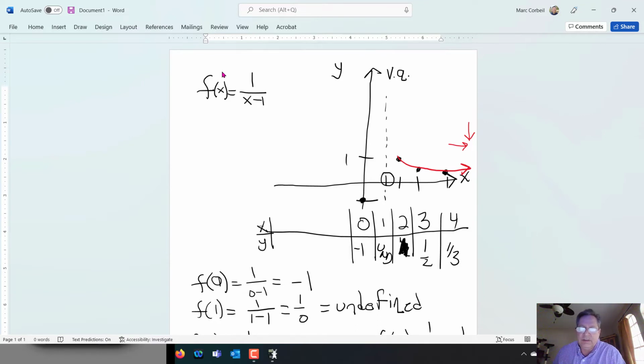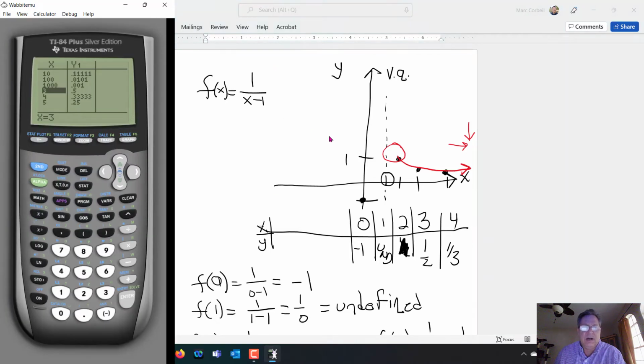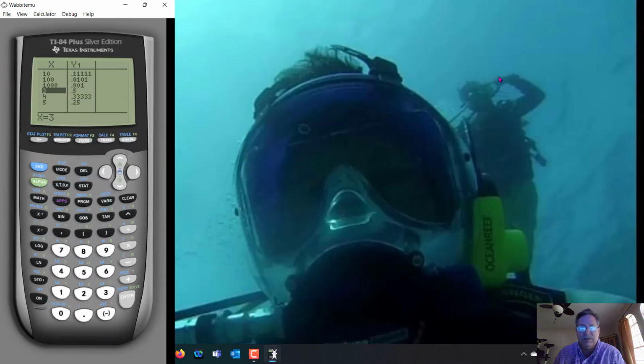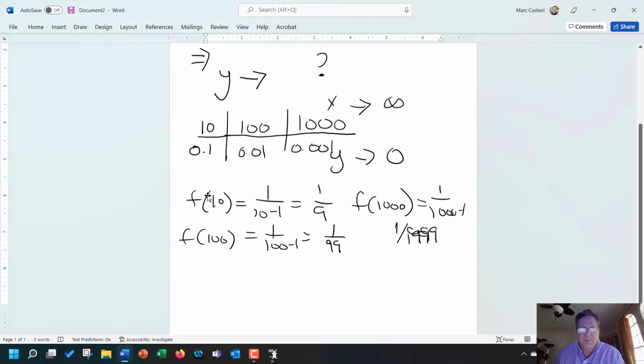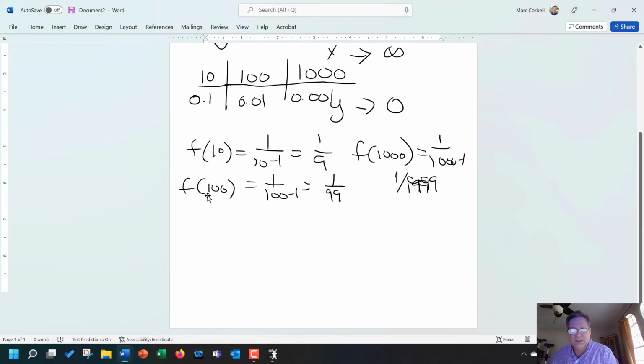So now I'm going to take a look at the behavior over here, and we can do that again by playing with the calculator. In this case, we're going to go ahead and choose something like, well, this time we actually want to approach 1.